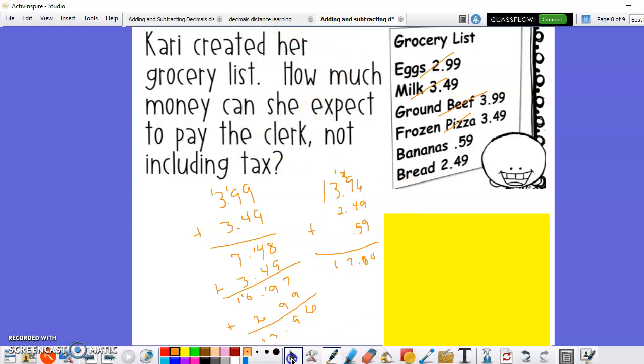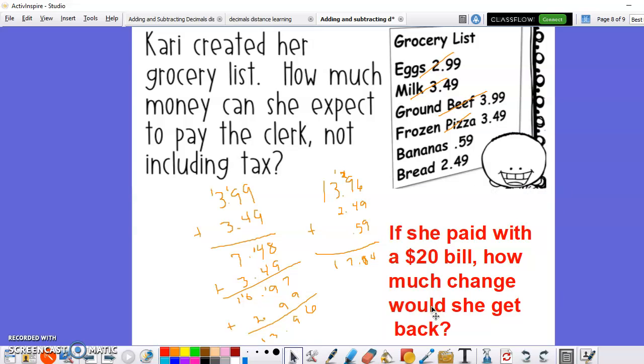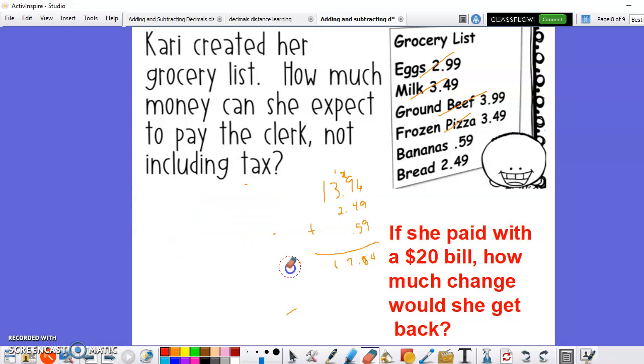So I had another question. If she paid with a $20 bill, how much change would she get back? So let's see. If the total was $17.04, let me erase some of this to give myself some space. The total was $17.04, and she paid $20.